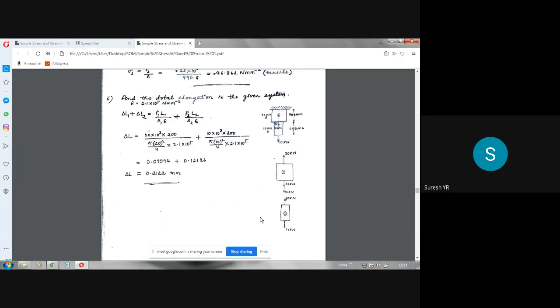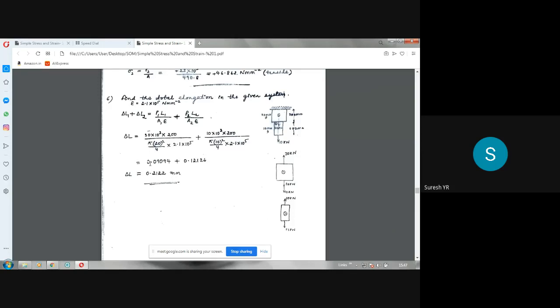Finding the strains. Once again, strain is calculated in two ways. One is strain equals delta L by L. Otherwise, strain is equal to stress divided by Young's modulus, sigma divided by E. Using either of those two formulae, you can find the strain.